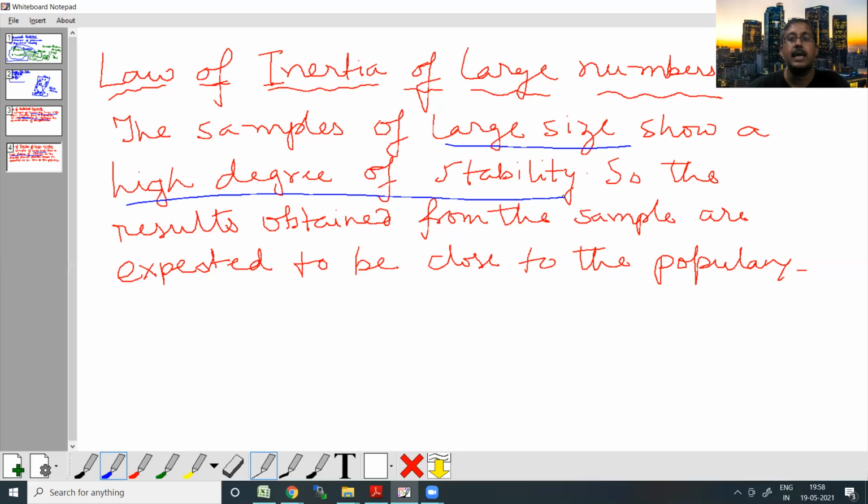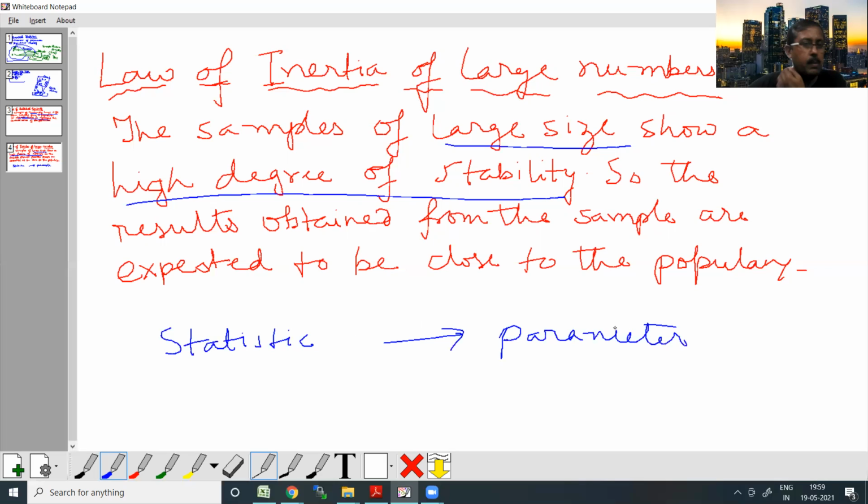One term I would introduce here: whenever I make a measurement for a sample, that is called a statistic. And when I make the similar measurement for the population, that is known as a parameter. We'll study more about it.